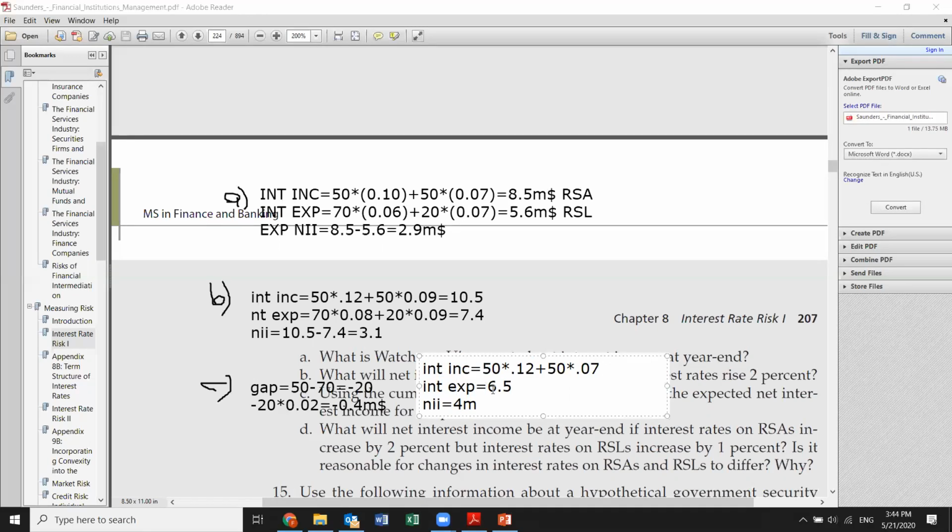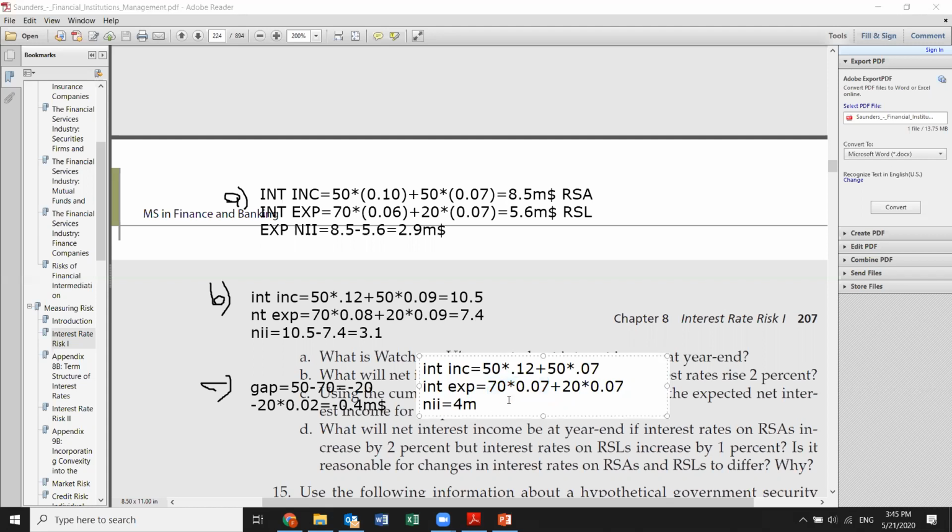Then when it comes to the interest expense, it should be 70 times 0.07 plus 20 times 0.07. So only the rate sensitive assets and rate sensitive liabilities up to 1 year change.